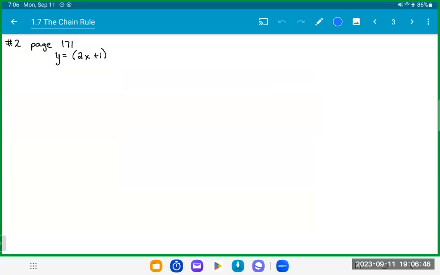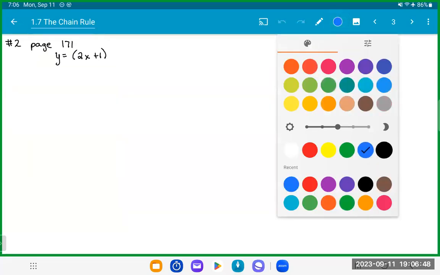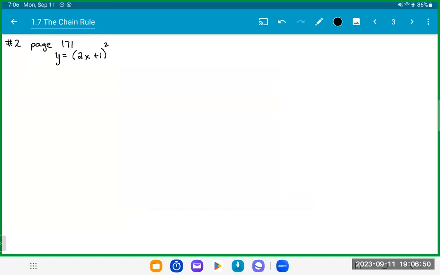So the first problem we have here, oops, it looks like my 2 got erased, is y equals 2x plus 1 squared. For this first one, we're going to use the extended power rule. In using the extended power rule, we're saying that dy dx is equal to the derivative of 2x plus 1 squared.